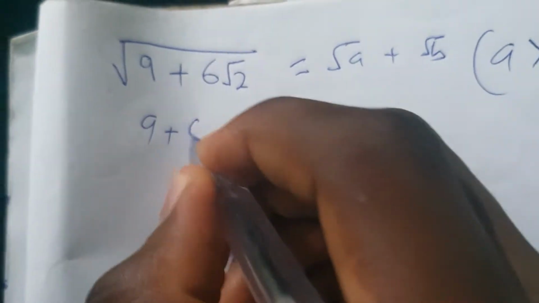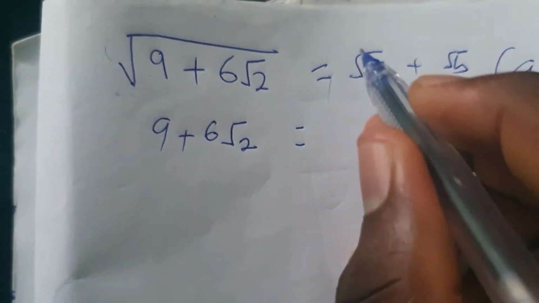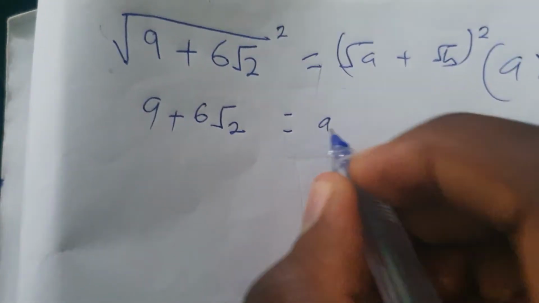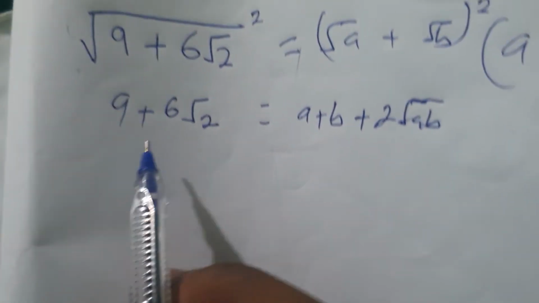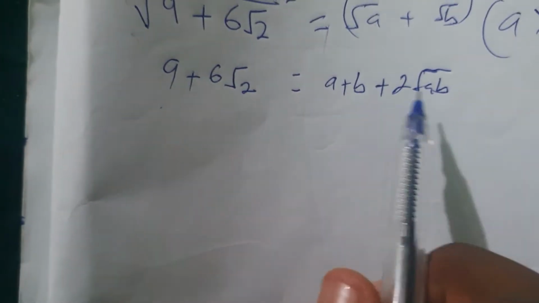If we square the whole of this, we get rid of the square root. We get 9 plus 6 root 2 equals, if we square the whole of this, a plus b plus 2 roots ab. Now because we are using only this relation, we have to do comparisons on both sides.